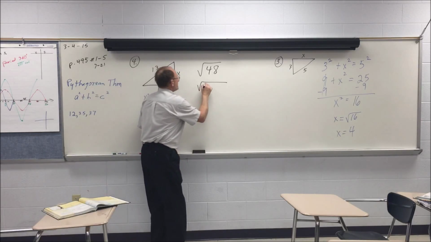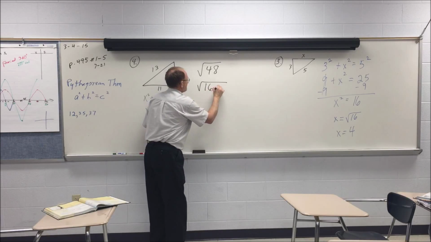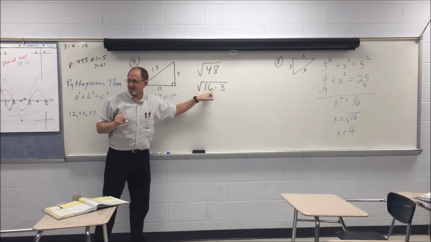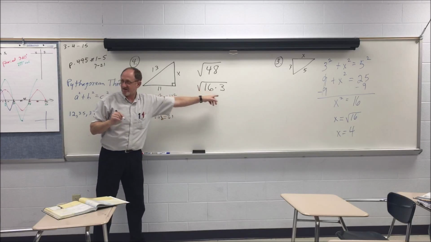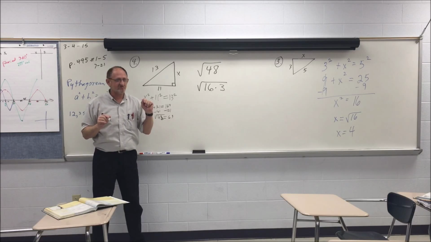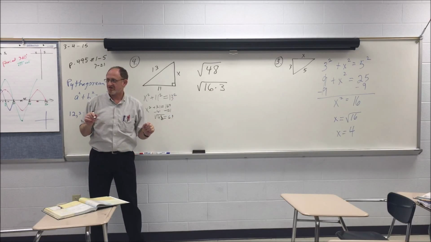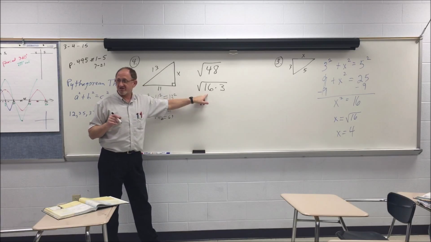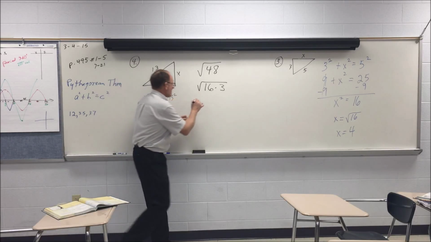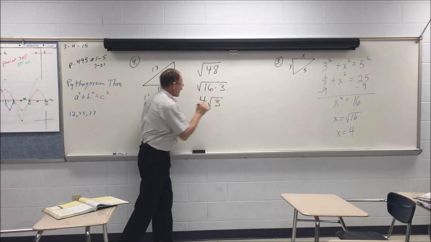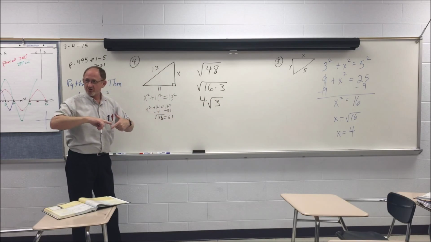Now, think about the number 16. If I would write the square root of 48 as the square root of 16 times 3, is 16 times 3 equal to 48? Somebody punch in your calculator and see. Yeah, so we're doing it right. So 16 times 3 equals 48. What's the square root of 16? 4. So I could bring that out from under the square root, and the 3 stays under the square root.